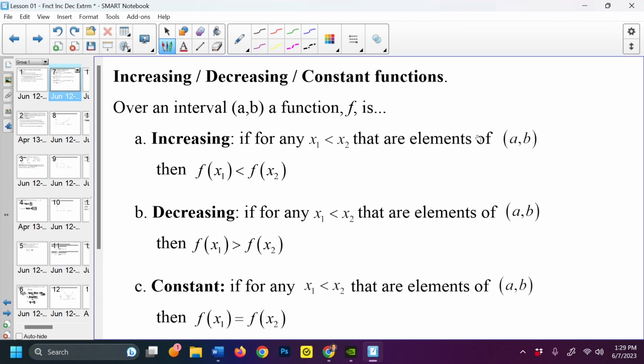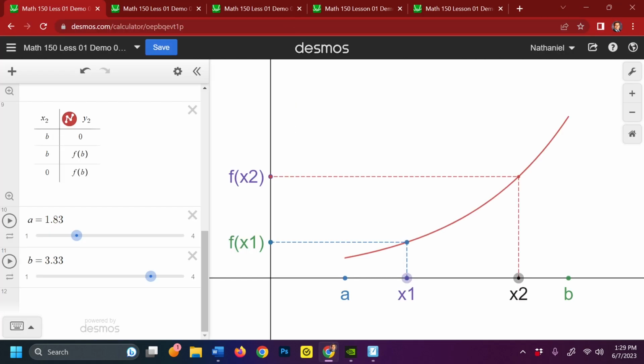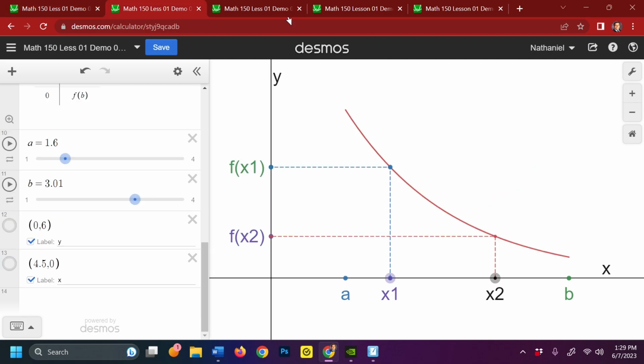Similarly, a function is decreasing over this interval from A to B if, again, for any x1 that is less than x2, and so we'll come back here, and here is an example of a decreasing function. It is going down from left to right.